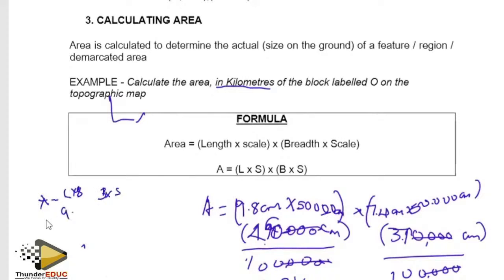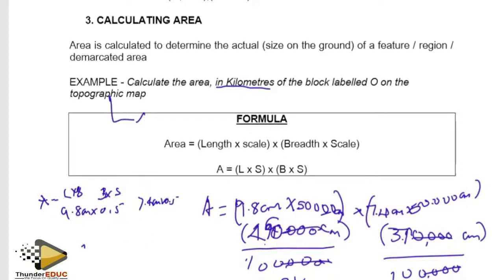What is the value for L? The value for L is 9.8 centimeters times 0.5. And here the value for B is 7.4 centimeters times 0.5. You know that this 0.5 is the scale. But why are we multiplying? We are multiplying so that we can convert the paper distance to the reality distance, the ground distance.